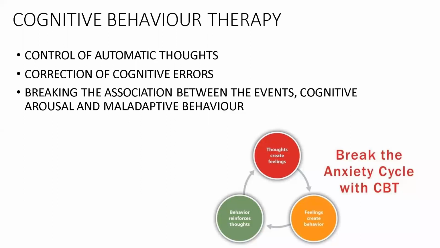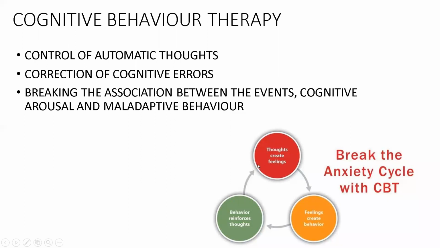The other one is cognitive behavior therapy, also called CBT. You can see how the cycle of anxiety works: thoughts create feelings, feelings create behavior, and behavior reinforces thoughts, and again thoughts create feelings. So anxiety usually occurs in a very cyclic way.